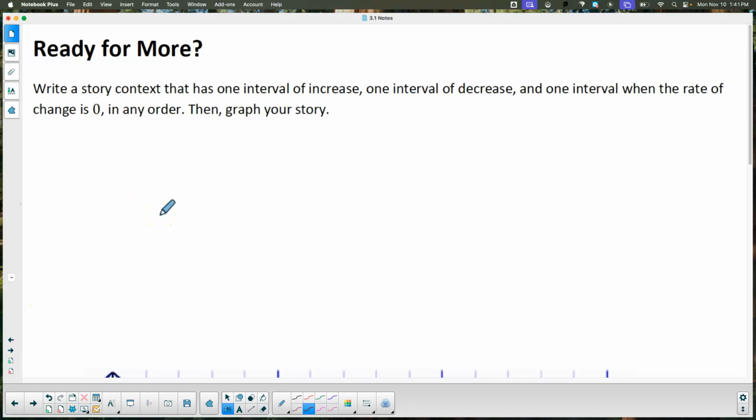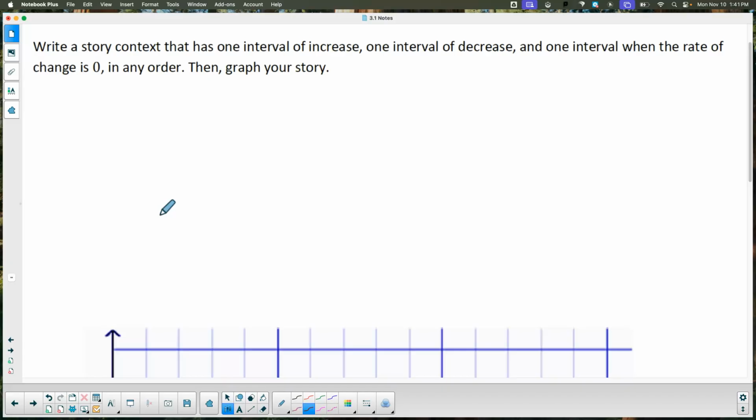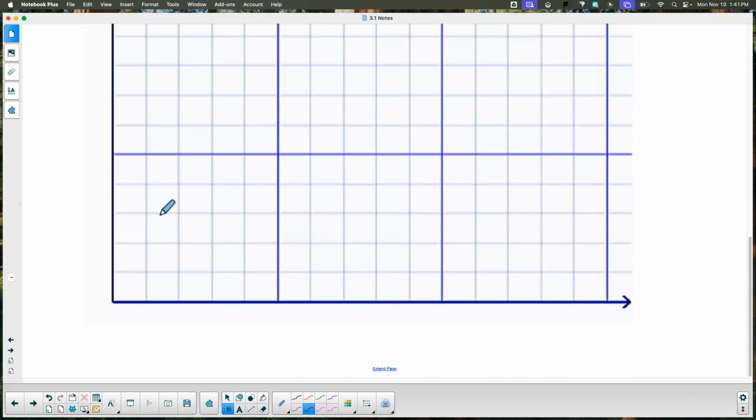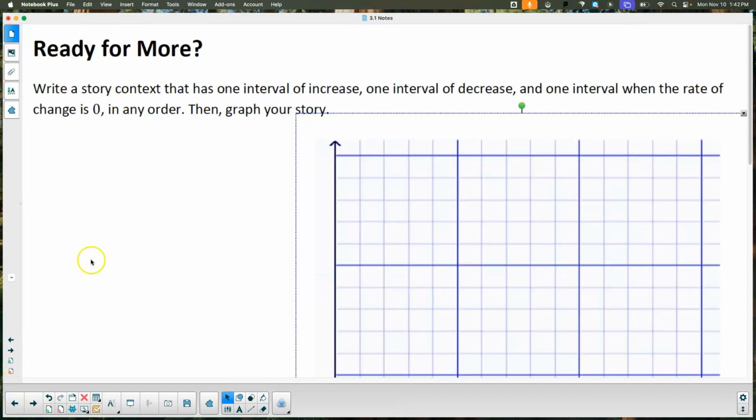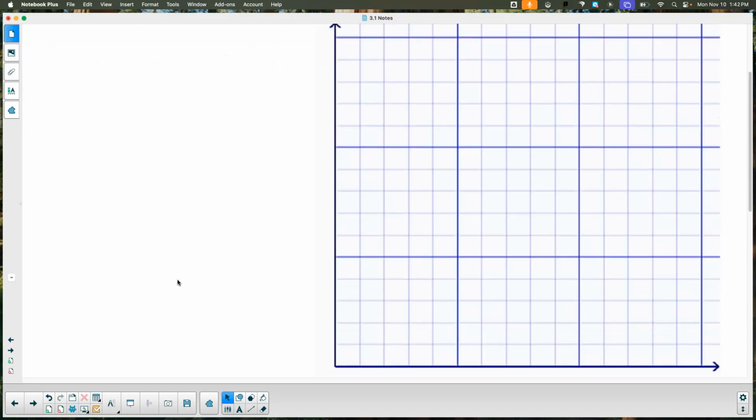So, now, on the ready for more, write a story context that has one interval of increase, one interval of decrease, and one interval where the rate of change is 0 in any order, and graph your story. Okay? So, let's start with the graph. One interval of increase, one interval of decrease, and one interval where it stayed at 0.